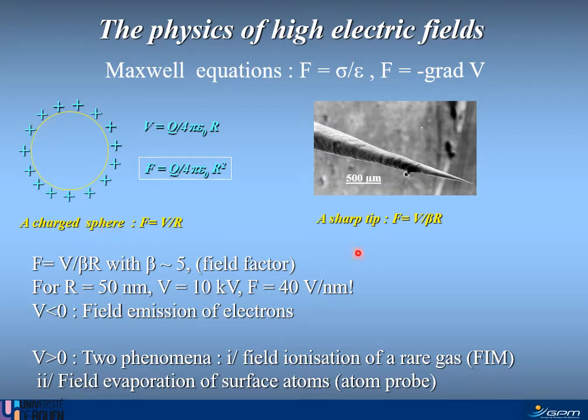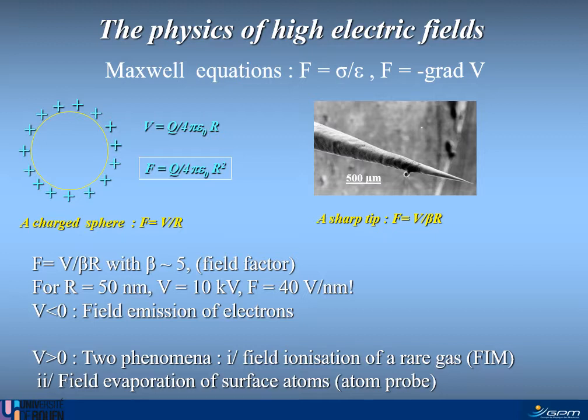But now if you consider a sharp tip, this will be close to that, but you have a correction factor, beta. This is the field factor. At the apex of this tip, you haven't got a sphere, you've got a truncated cone terminated by a hemisphere, not really a hemisphere, but a curved surface.